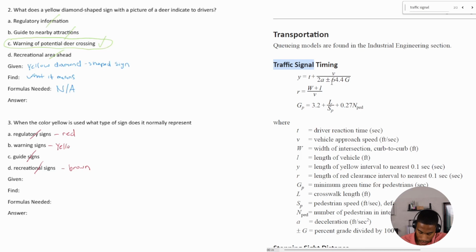Warnings are yellow. And then guide signs, I'm not sure, but put in the brown. Or if they're talking about guide signs as far as like interstate and stuff like that, it would be blue or green. And they will ask you this stuff on the test. So answer is B.